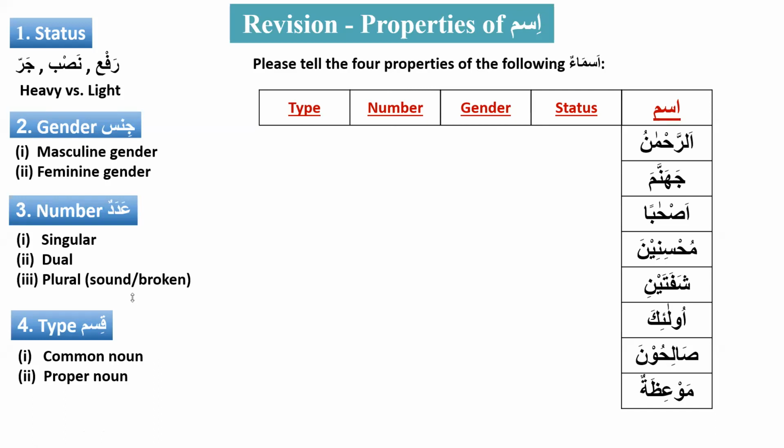Ayan, Ar-Rahmanu. Ar-Rahman, this would be rafa. Rafa status? Yeah. All right. Then the gender would be masculine.